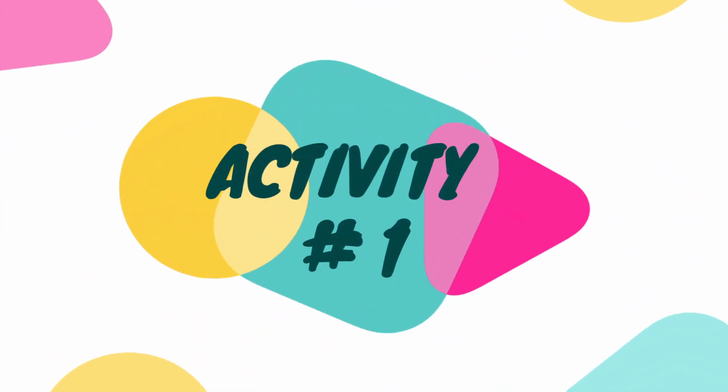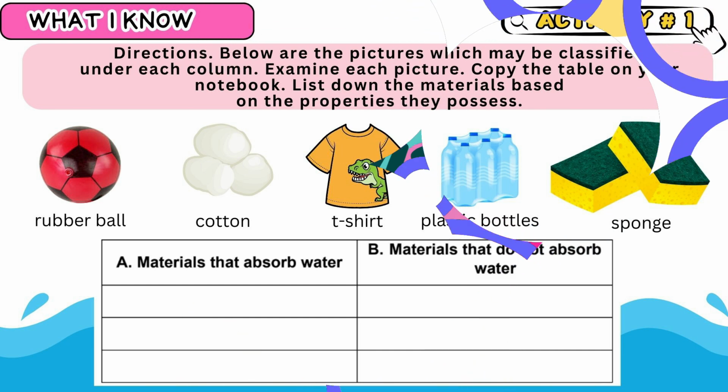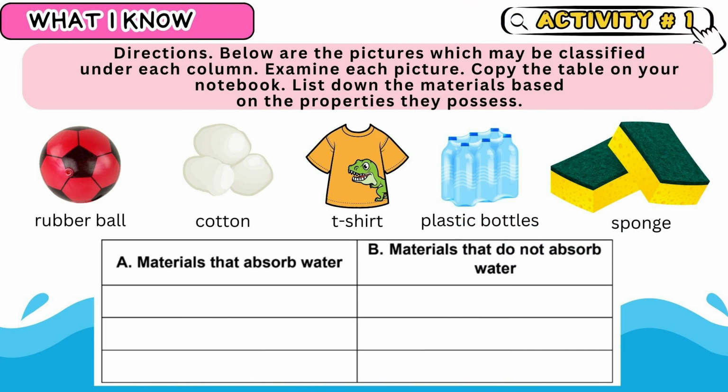Activity number 1. Before we start into our topic, let me first check if you have any prior knowledge about it. Directions. Below are the pictures which may be classified under each column. Examine each picture. Copy the table on your notebook.